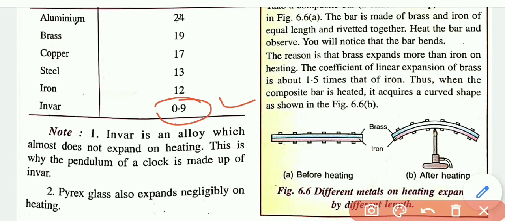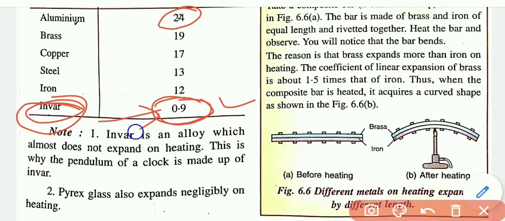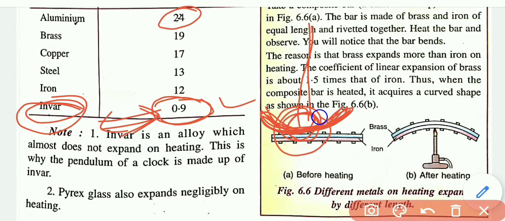Why is it made of ivory? Because if it is made of aluminium, it will expand, and the oscillation will change. In summer it will expand more, and the clock will not give exact time in summer and in winter.